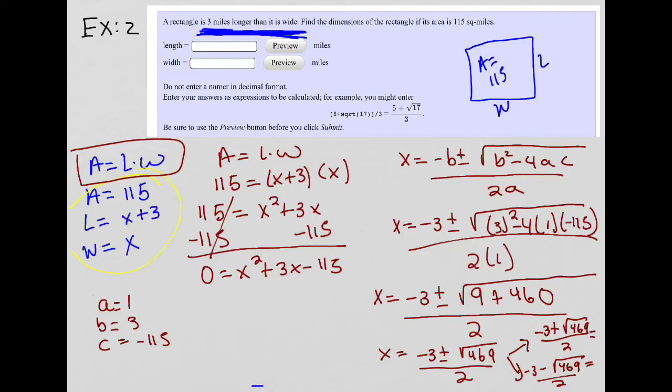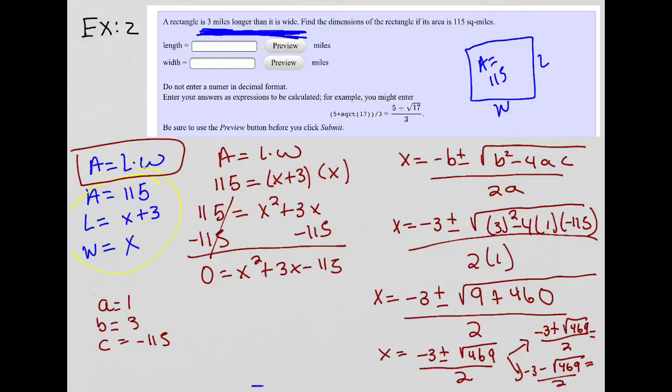You see how it says two answers. One is going to be negative and one's going to be positive. We're going to ignore the negative because we're dealing with length.